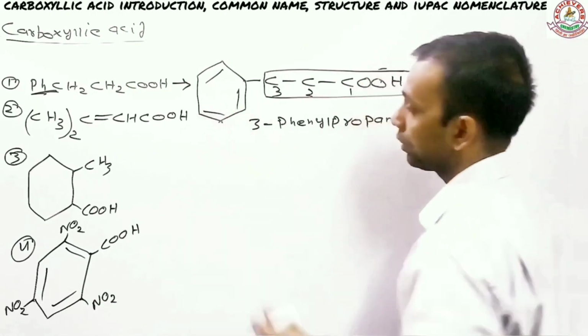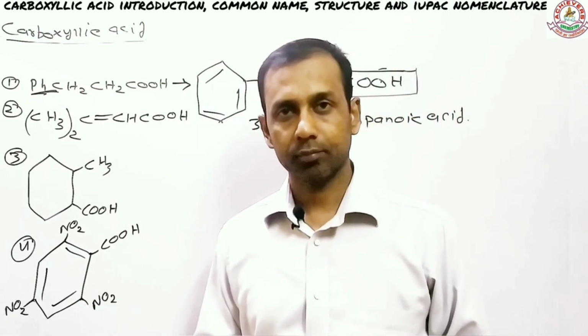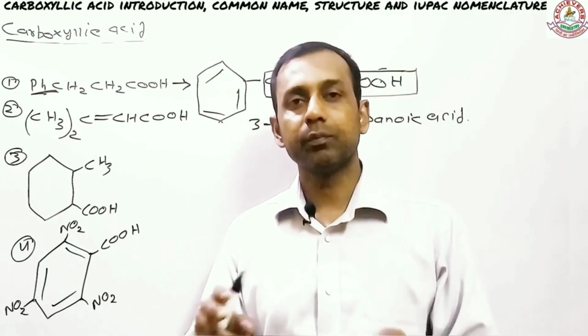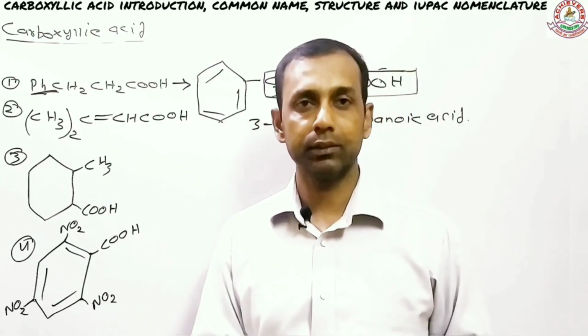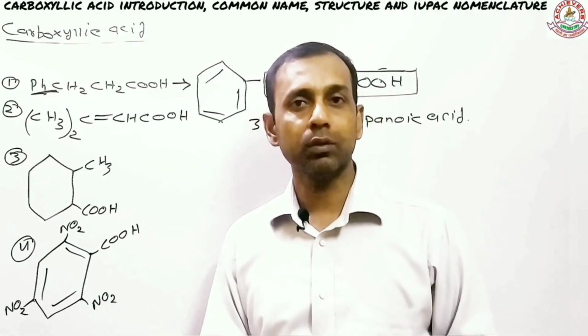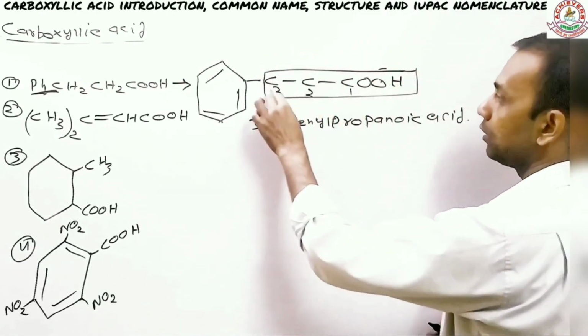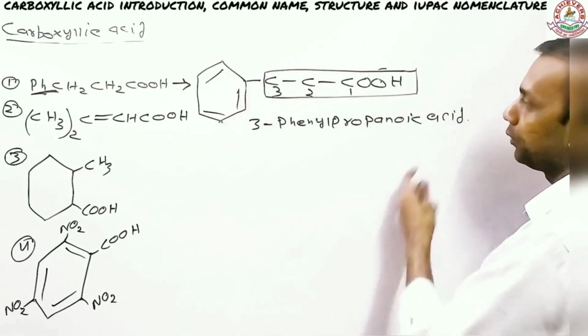If benzene is not having any functional group, it becomes a phenyl group. Let me repeat, if this was having a functional group, this could have been used as a parent chain, but without any functional group, this is used as a phenyl. So that's why the name becomes 3-phenylpropanoic acid, because it's on the third carbon.